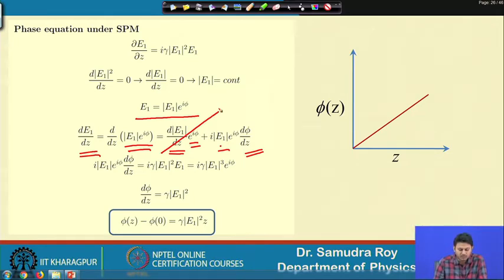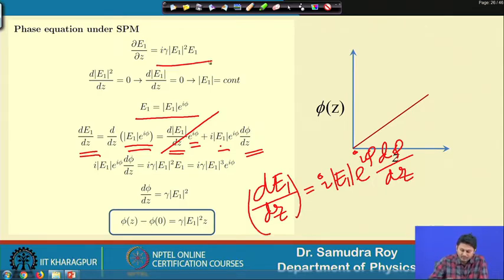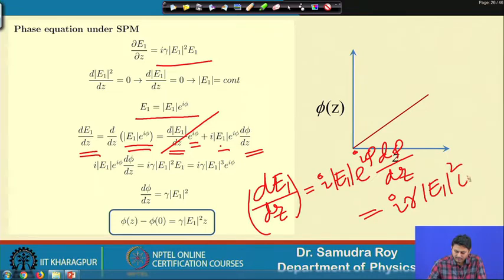Since this term will be 0, we will have dE1/dz simply equal to i mod of E1 e to the power i phi d phi/dz. And dE1/dz is again, according to our equation, equal to i gamma mod of E1 square E1.